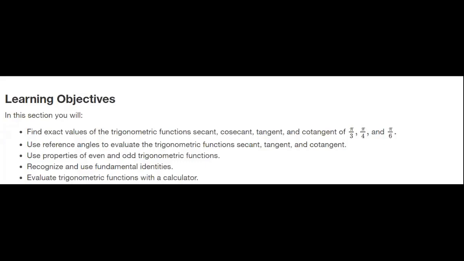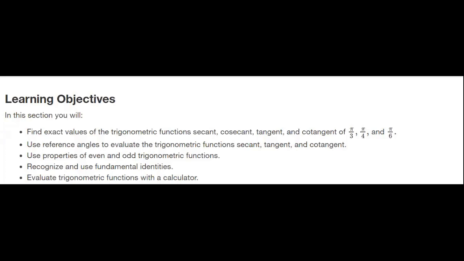In the previous section, we learned a whole lot about sine and cosine functions, and in this video, we're going to learn more about other trigonometric functions. We will learn how to find exact values of the trigonometric functions secant, cosecant, tangent, and cotangent for angles of pi over 3, pi over 4, and pi over 6.